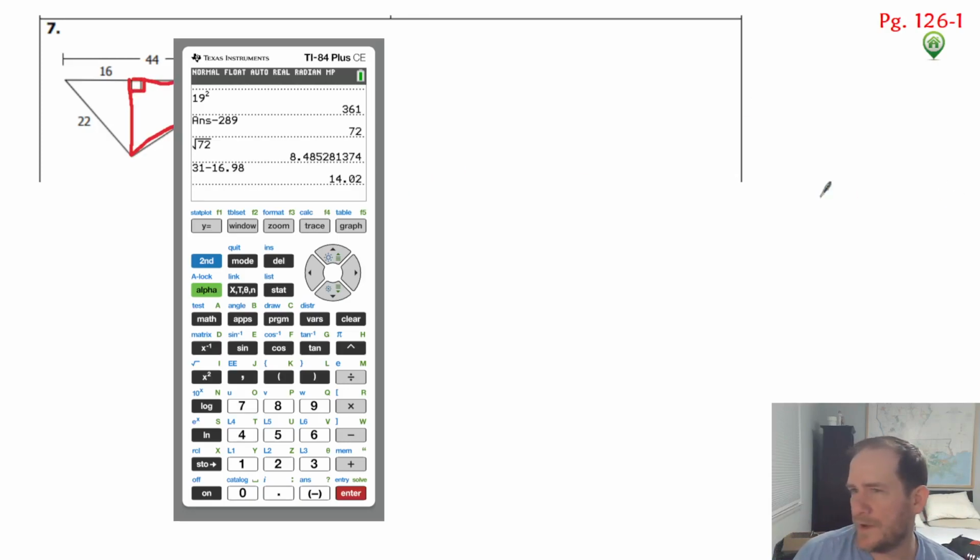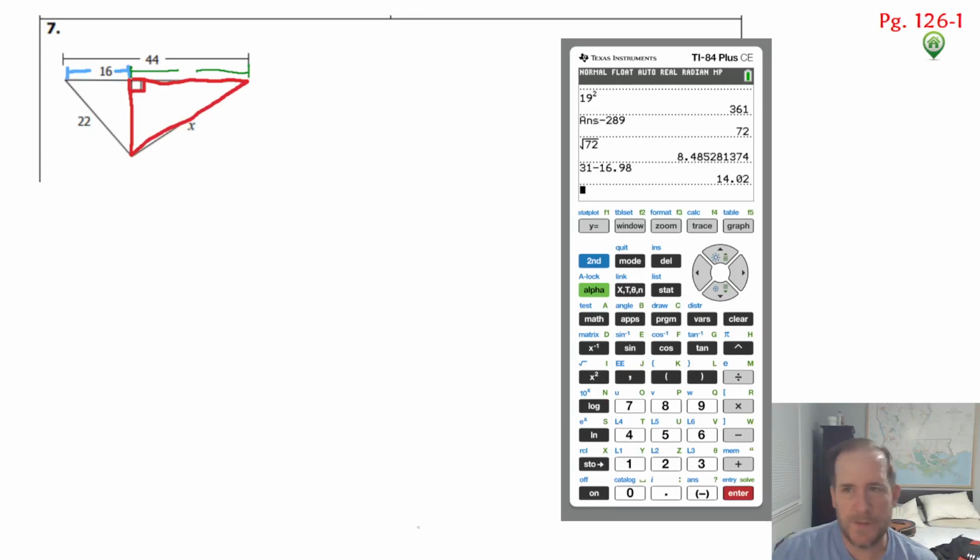One dimension I can find pretty easily because I know that this side here is 16, and I see that this whole side is marked as 44. So to find this piece here that I'm marking in green, you would, oh, sorry, you guys can't see because of the calculator. I'll move it over. There you go.